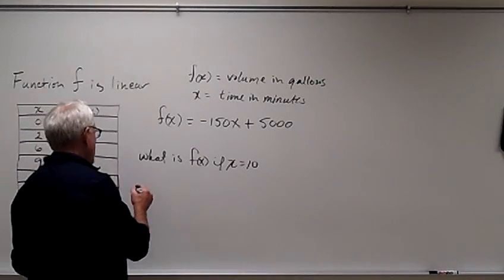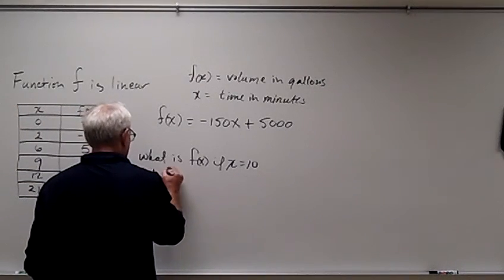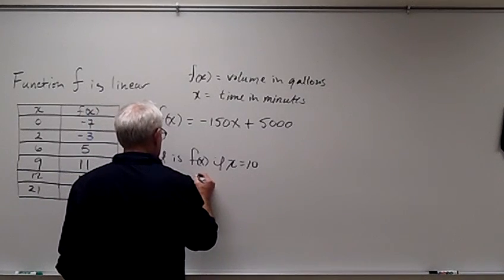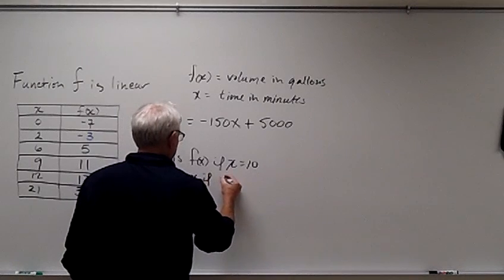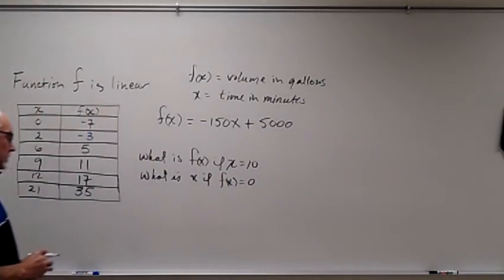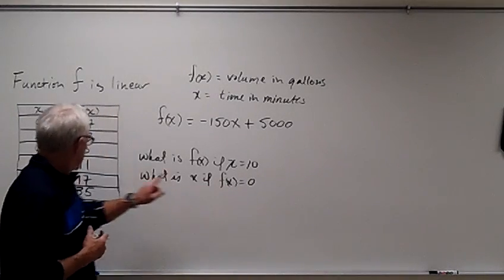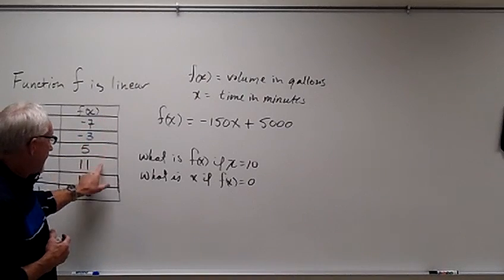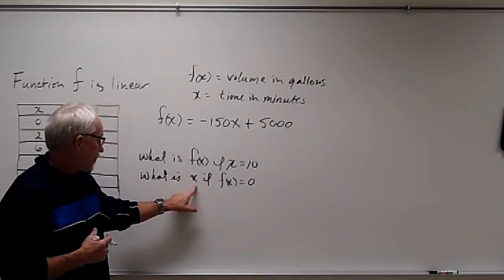Another question we might ask is, what is x if f of x equals 0? So here we have an f of x, like we had in the table. We're trying to solve for x.